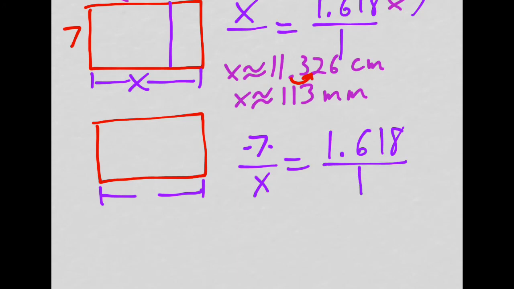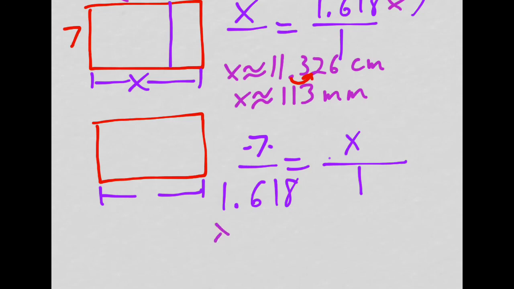Alright, and once again, whenever we have something like this with the x in the denominator, we can just switch the x and whatever is in the numerator on the other side of the equation. And so we get x equals 7 divided by 1.618. And that's going to be, x is approximately 4.326 centimeters.